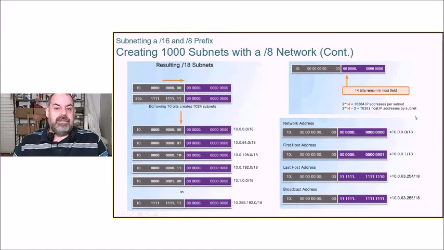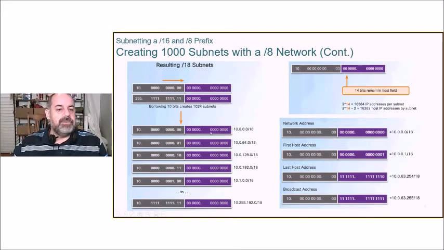If you're using /8, again, you have lots of options because you've got 24 bits to play with. And so if you want to have 1,000 subnets, how many bits do you need to count to 1,000? Well, 512 was with 7 bits, so 8 bits you need to borrow. And so the second octet in total and the first 2 bits of the third octet.